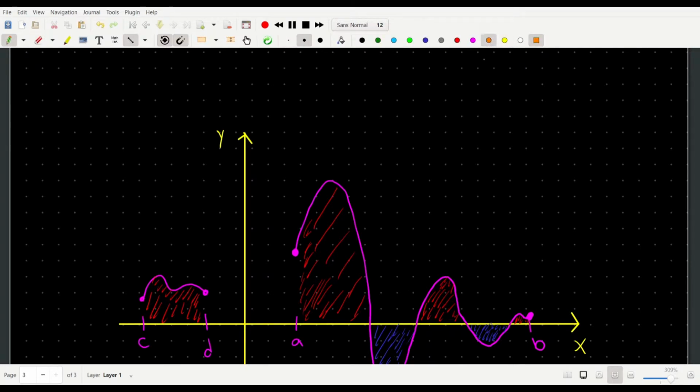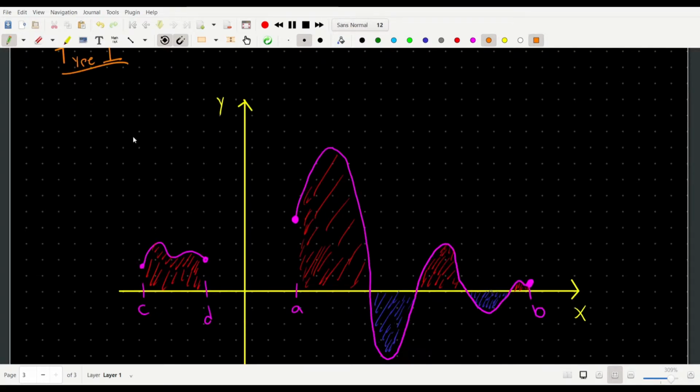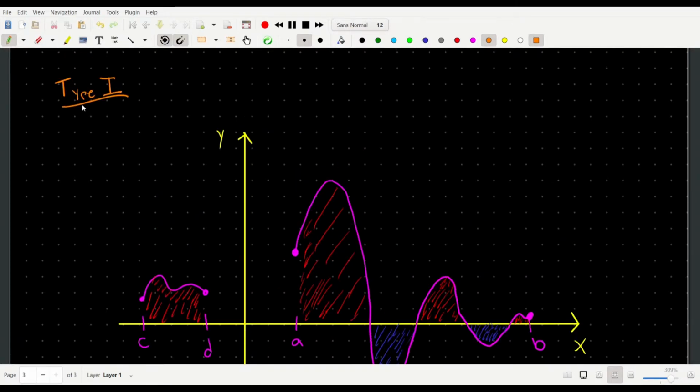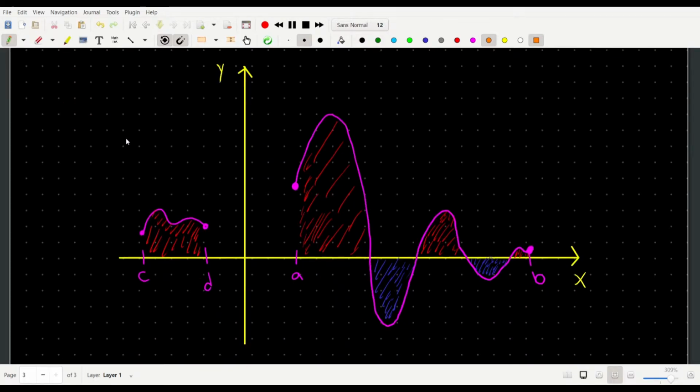I'll draw a picture here first to illustrate. There are actually three separate subtypes of improper integrals of type 1, which we'll get into a little bit later. But I'll just draw one of the subtypes here, where one of the bounds of integration extends all the way to positive infinity.